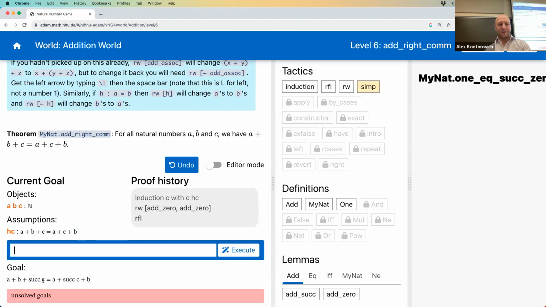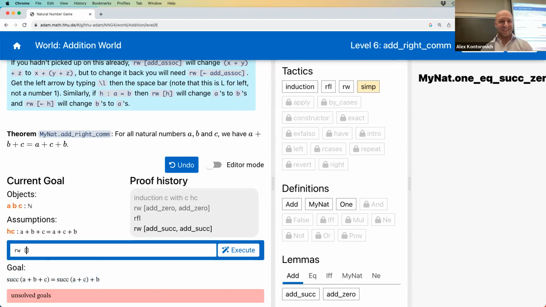The other goal is the same thing, but now with add_succ. How many will we need? add_succ is going to pull this successor all the way out front. And add_succ is going to pull that successor out a little bit. So let's do 2 of them and see what happens. So you see we have the successor all the way here. And here we have the successor, but not all the way out.